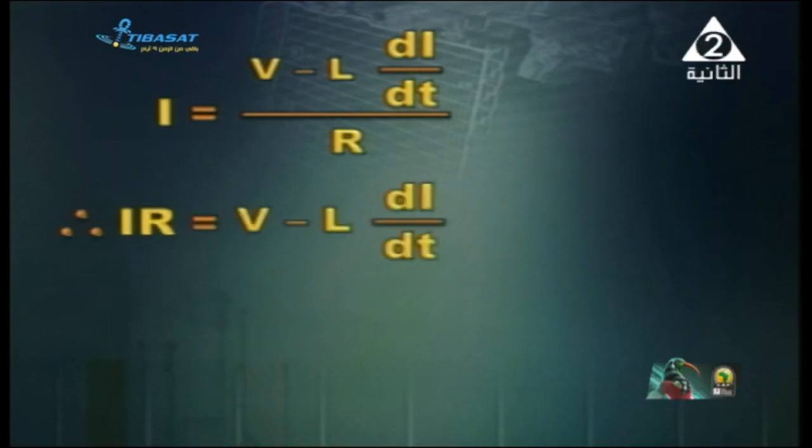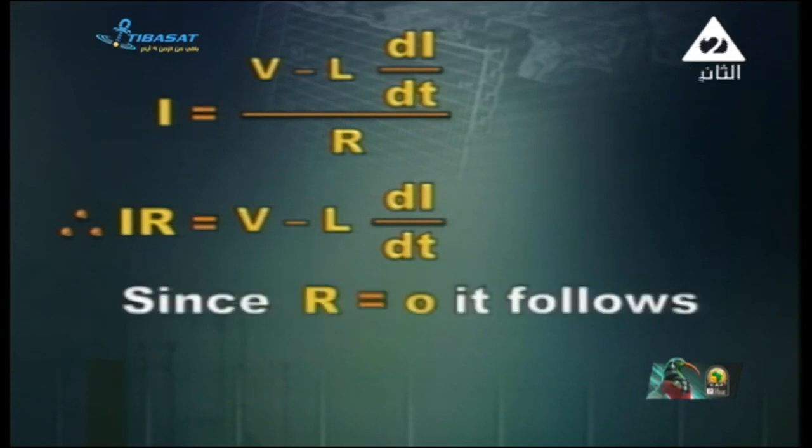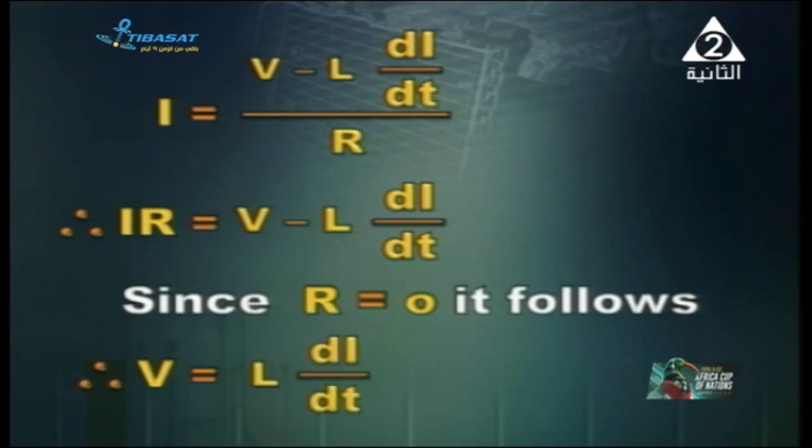And we are talking about pure inductance. Pure means resistance equals 0. So we can say IR is equal to V minus L di by dt. And as I said, R is 0 since it is pure. So we can say V is equal to L di by dt.